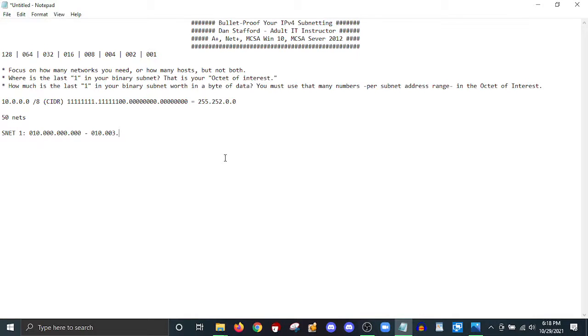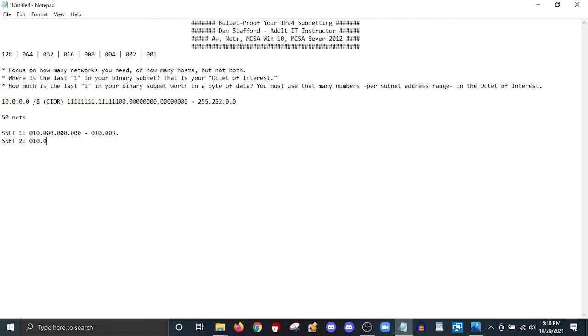Okay, now for my next subnet here, subnet range 2, I cannot use any of these same numbers in the second octet. All right, so my second octet must increment above 3.